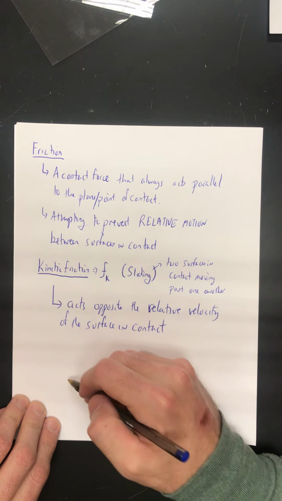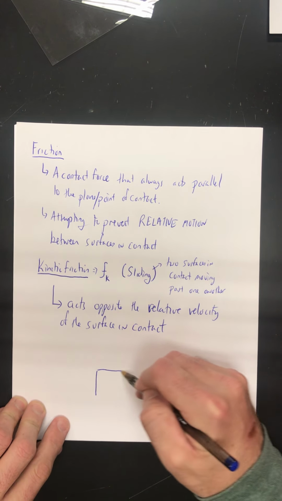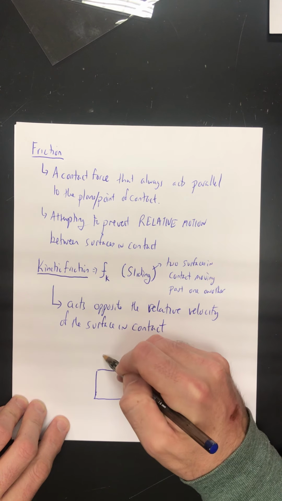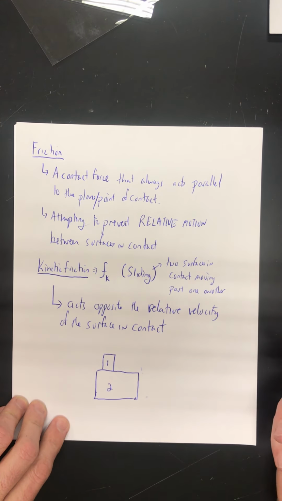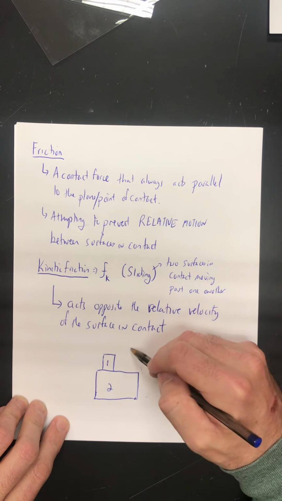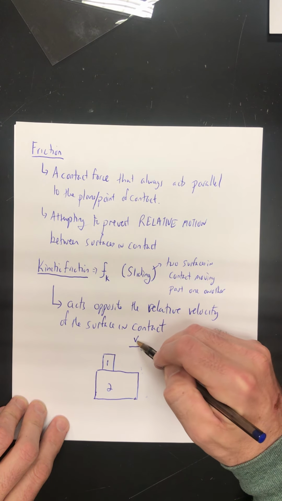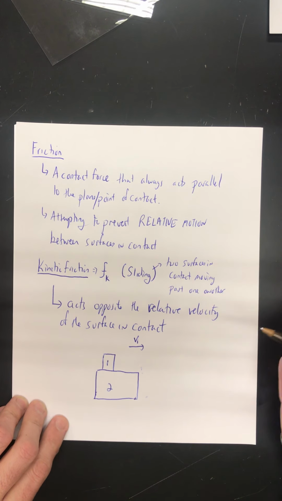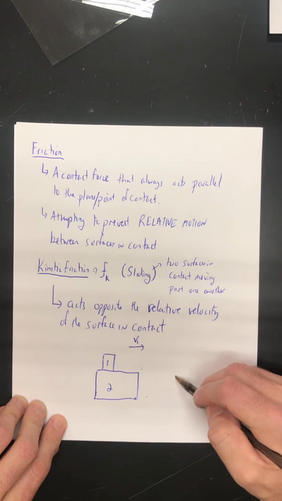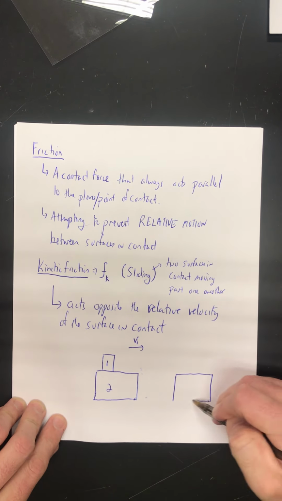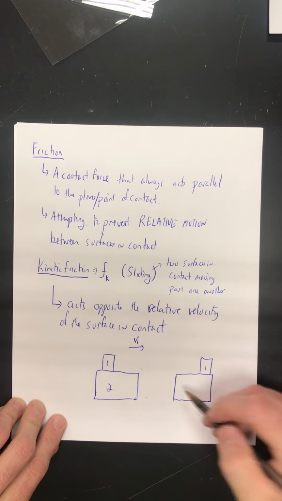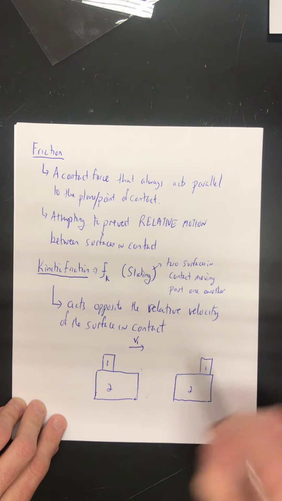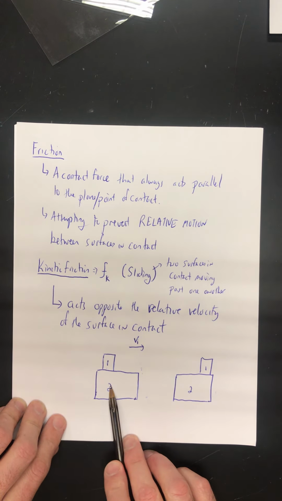But just so that we get this example, if I have a box, and on top of this box I put another box, so box 1, box 2. If we have box 1 moving to the right across box 2, so there's the velocity of 1, such that a little bit of time later we have box 1 over here, because it was moving with respect to box 2, we would say that box 1 was sliding with respect to box 2.